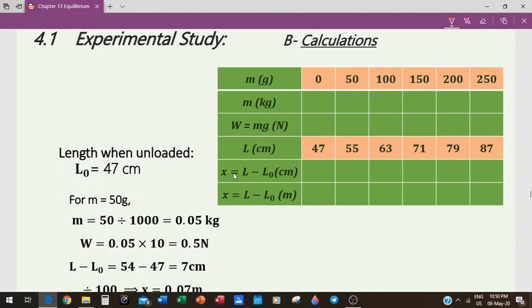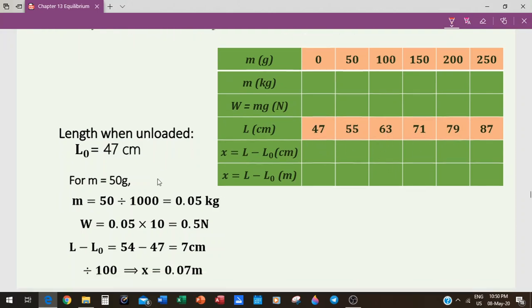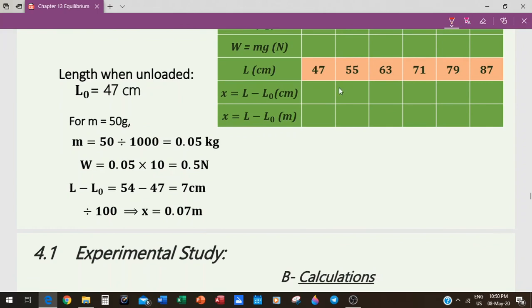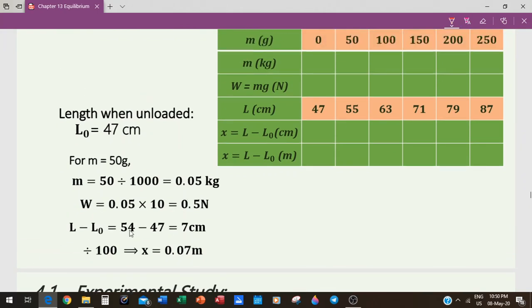How to calculate X or delta L? It is L minus L0, and you can see the calculations here. For the first one, it is 55 in the table, but here it's a print mistake. Let's take it as 54: 54 minus 47 equals 7 centimeters.